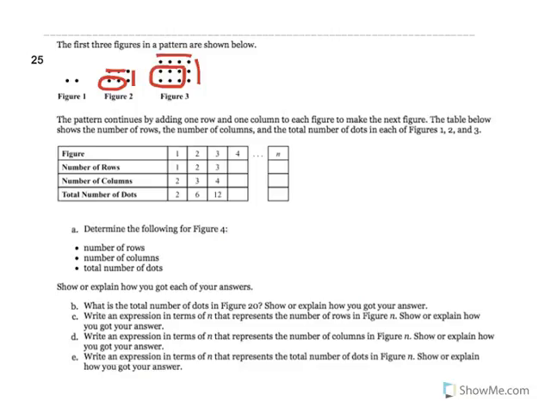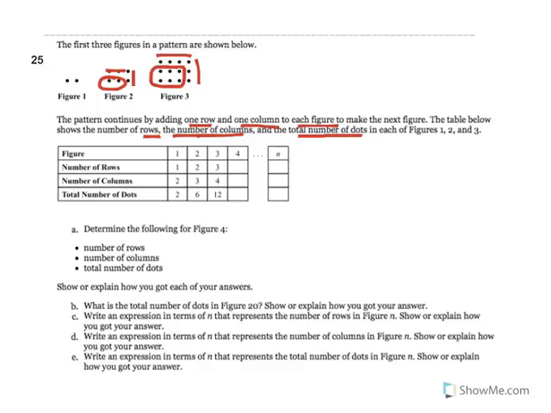The pattern continues by adding 1 row and 1 column to each figure to make the next figure. The table below shows the number of rows, the number of columns, and the total number of dots in each of the figures 1, 2, and 3. Okay, so the table shows us in figure 1, there's 1 row and 2 columns.